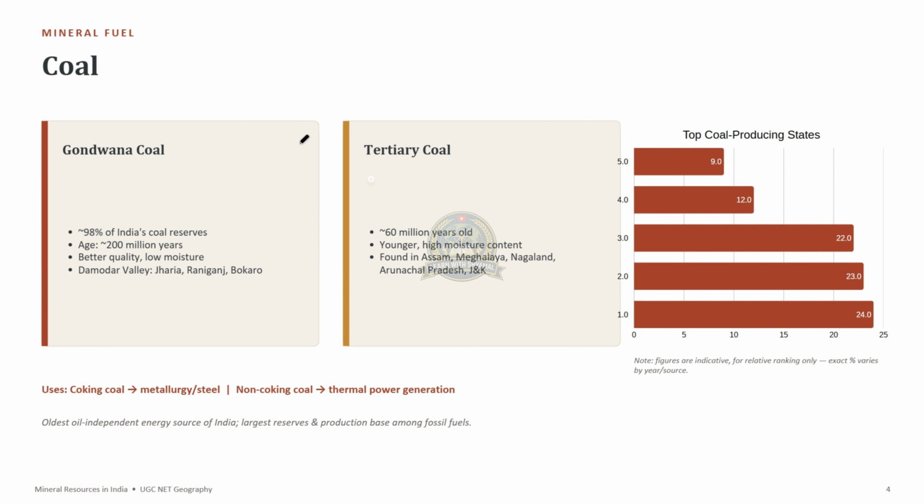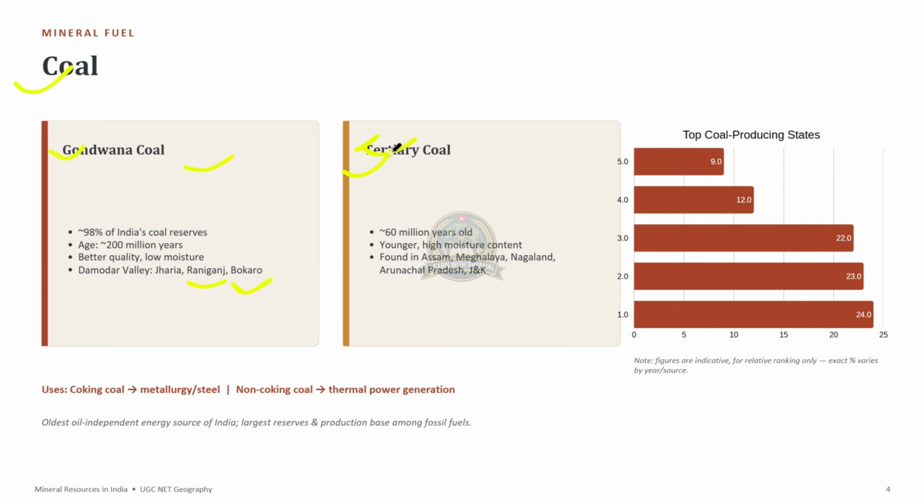Coming to our next mineral, coal: Gondwana coal and tertiary coal. Both classes of coal are found in India. Gondwana coal, 90% of India's coal reserves, is about 200 million years old. Better quality and low moisture content, basically found in Damodar Valley, Jharia and Raniganj as well as Bokaro.